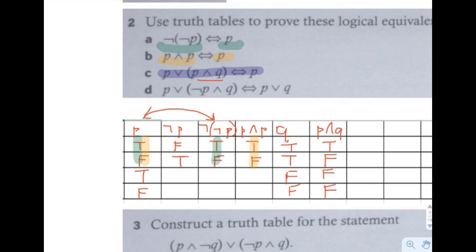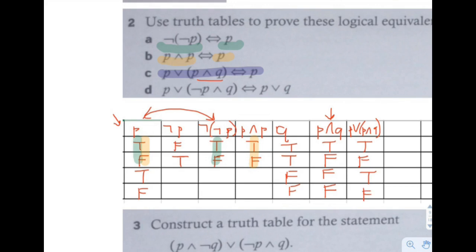Now we're going to combine that with P or P and Q. So now we're just going to combine this column with the P column. So let's see, T or T is true. F or F is false. T or F is true. And F or F is false.